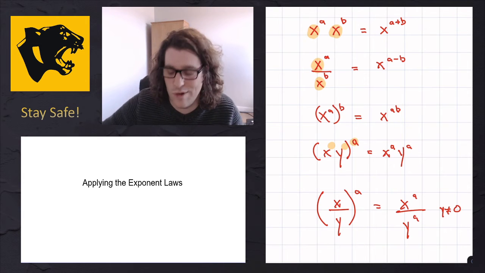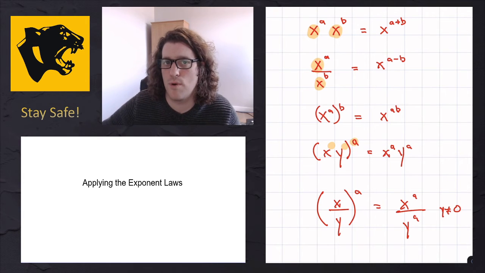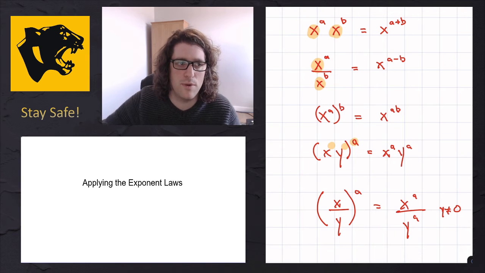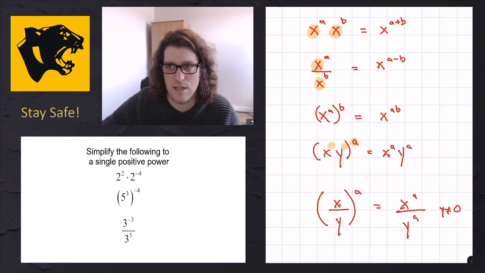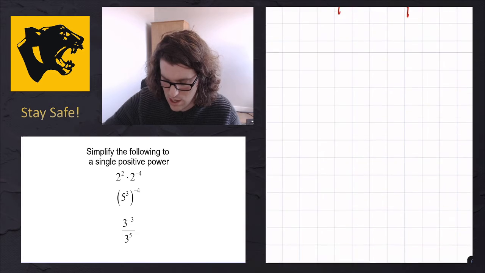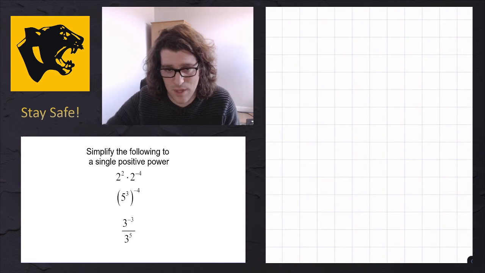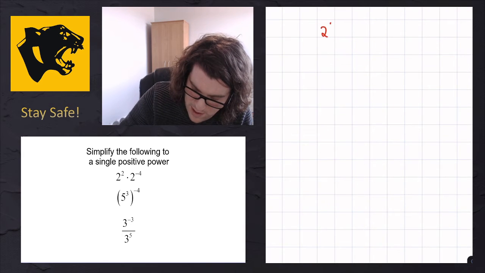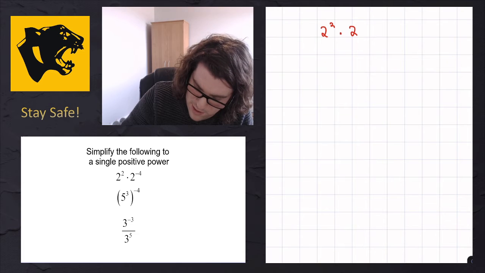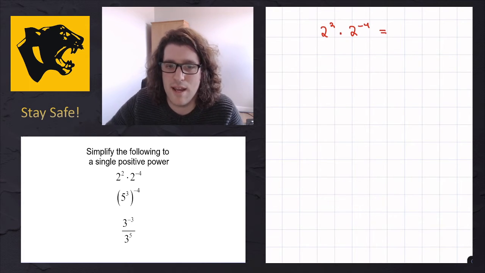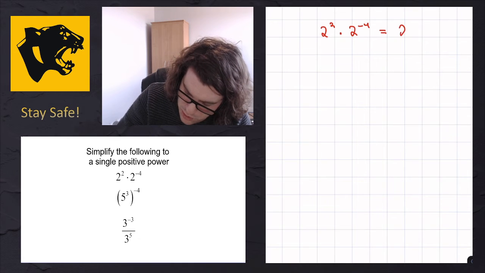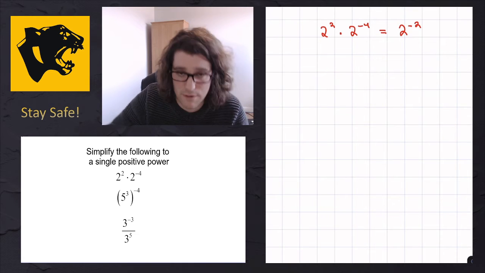Now, once we have said that those are the same exponent laws that we used in grade 9, we can go forward and just use some of these while also incorporating some of the negative exponents that we were just taking a look at last time. So we have 2 to the power of 2 times 2 to the power of negative 4. The bases are the same, therefore I can add the exponents. 2 and negative 4 added together is negative 2.